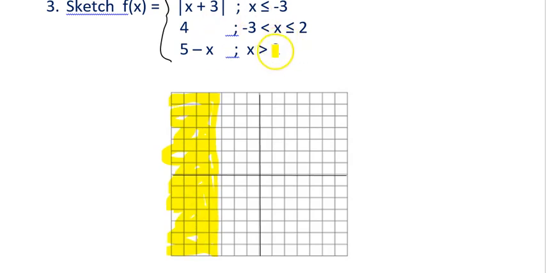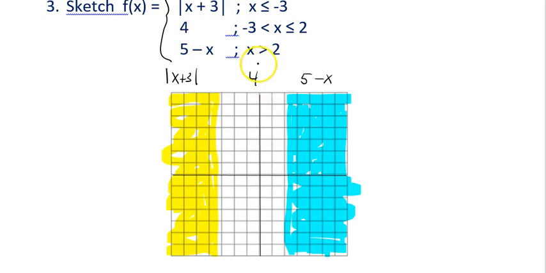And if you only have 2 highlighters, you can leave the middle section as white. I'll do that here, and then go to the third section. The middle section should be white between negative 3 and 2, and then the far right section is from 2 on. That'll be another color.